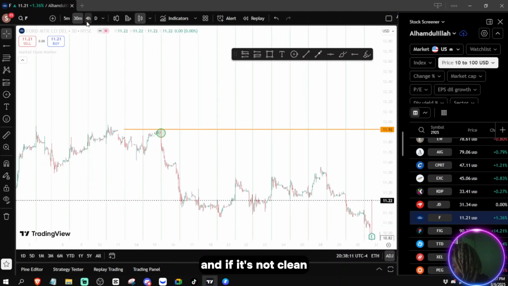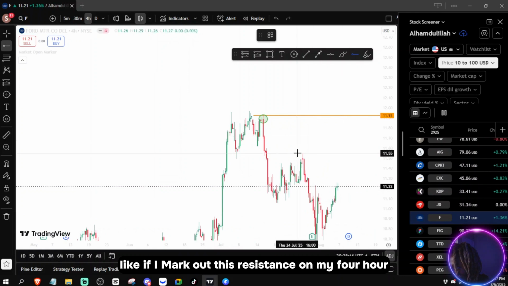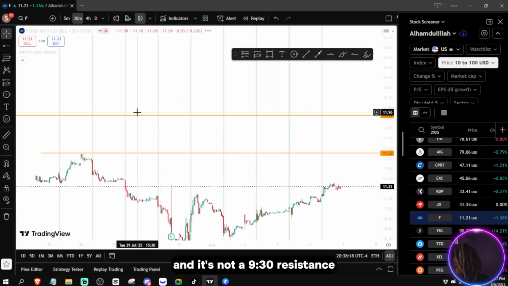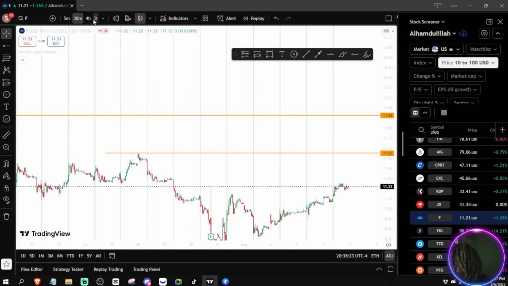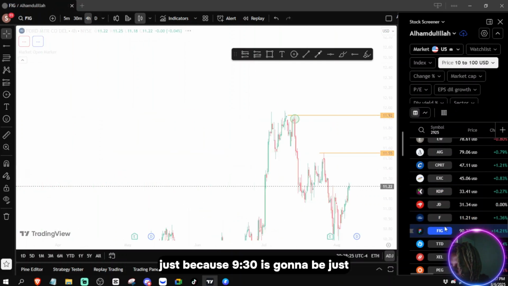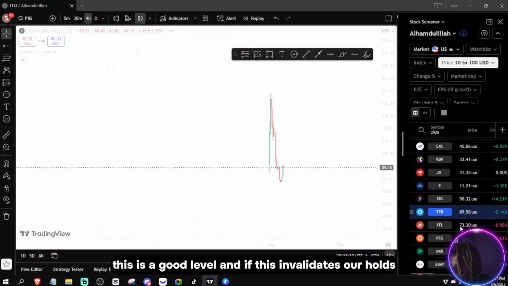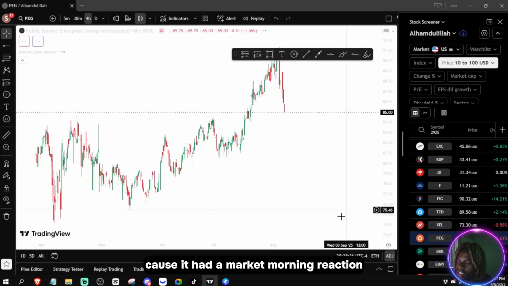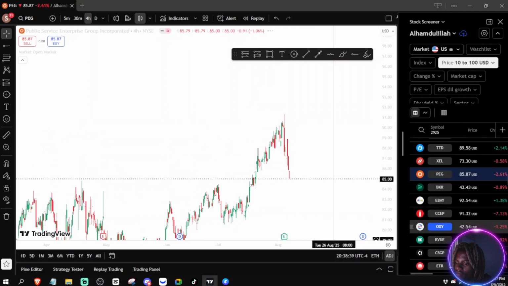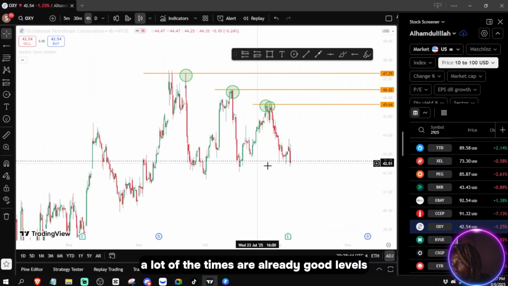And if it's not clean after you mark it on your 4-hour, like if I mark out this resistance on my 4-hour and then I go to my 30-minute and it's not a 930 resistance, I don't know how confident I am to take that. Just because 930 is pretty much giving me the answer that, okay, this is a good level. And if this invalidates or holds, then I'm going to be able to go ahead and take a good level, because it had a market morning reaction. So 930 levels a lot of the times are already good levels.